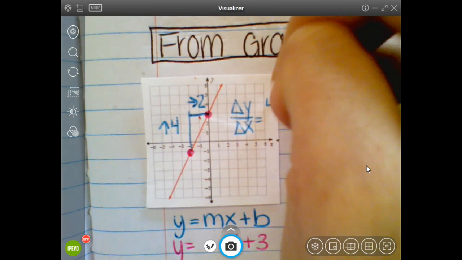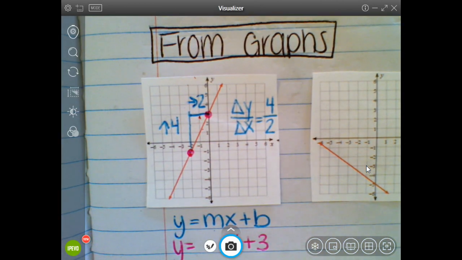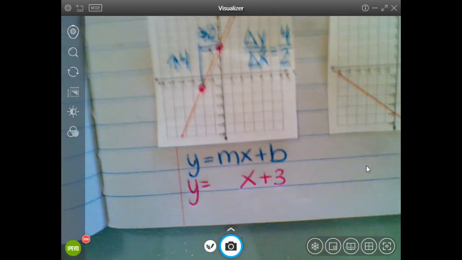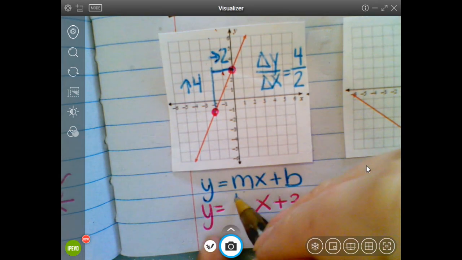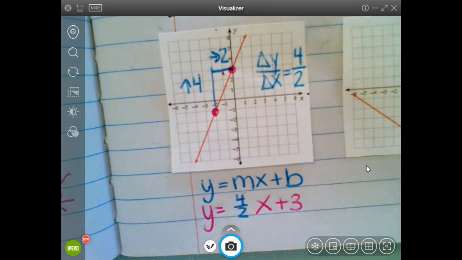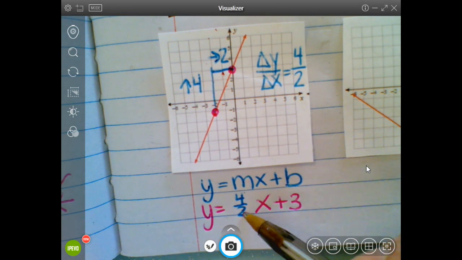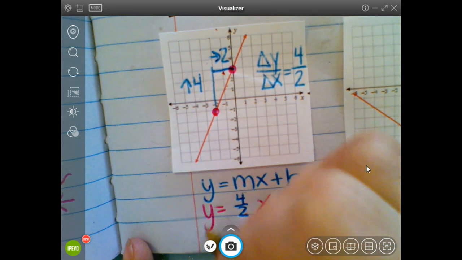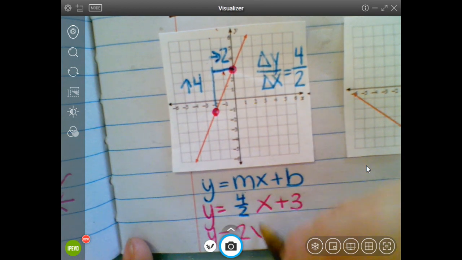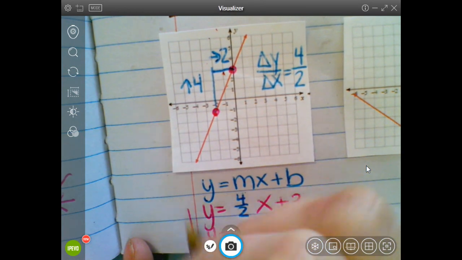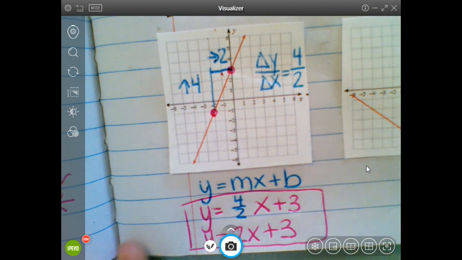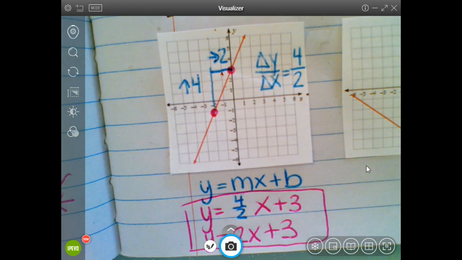So that's positive 4 over 2. I can leave it as 4 over 2x plus 3. But that might not be an answer choice because 4 divided by 2 is an even 2. So I also might see 2x plus 3. Both of those are equivalent, so if you're typing it in, either one is okay.